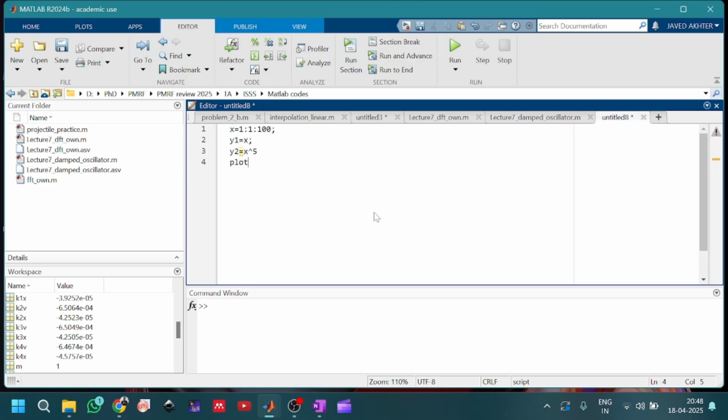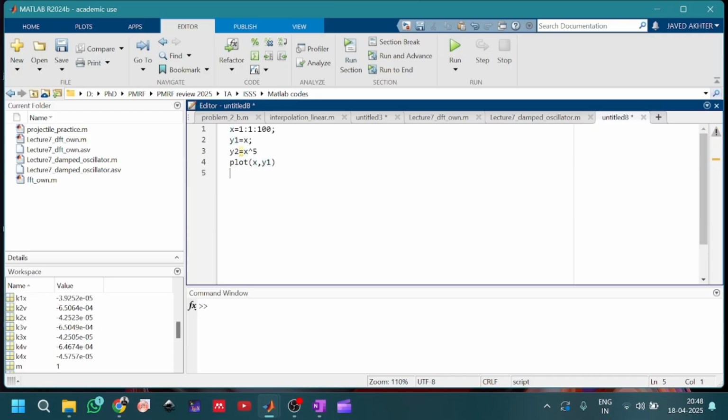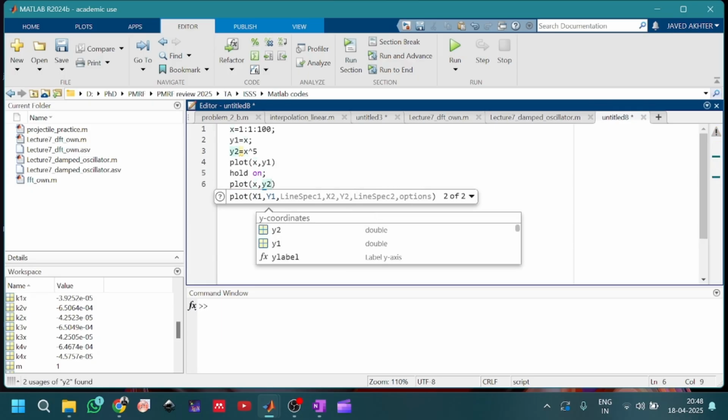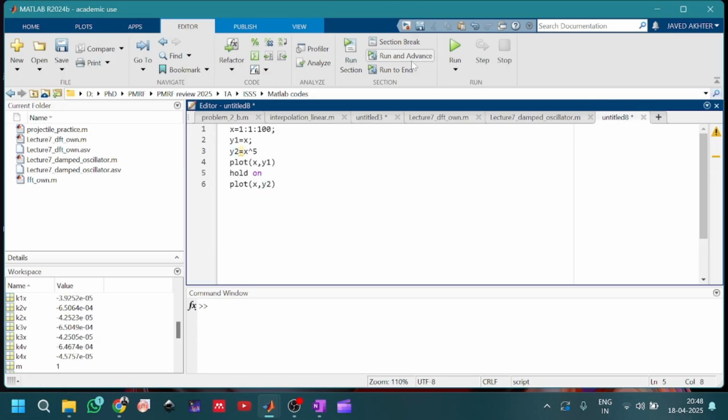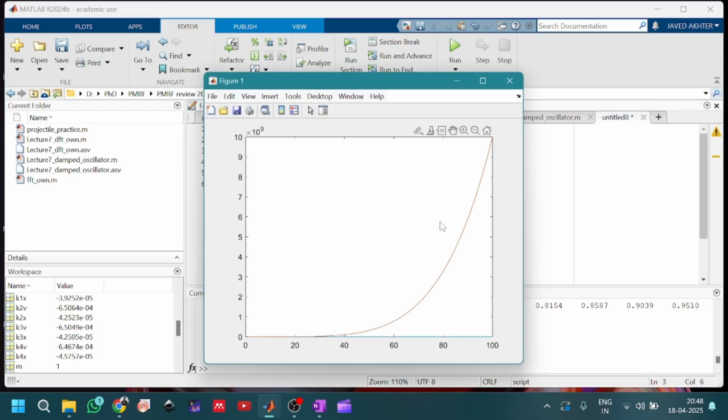Now if you want to plot both of them, plot x y1, then hold on, then plot x y2, and if you run it, okay, so element wise operation should be done here. You can see that we are not able to see the linear variation, because for one the value is 10 to the power 9, and for the other it is 100.